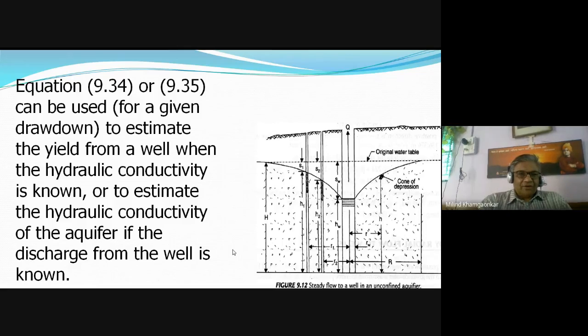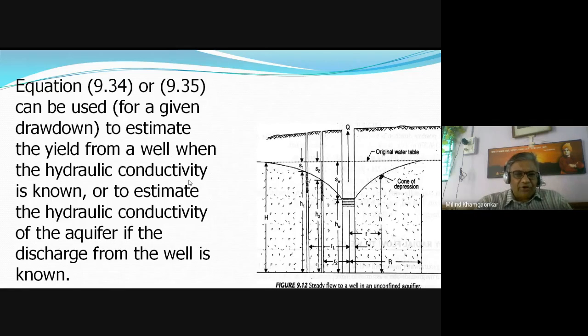So the discharge can now be written as 2πT, the coefficient of transmissivity, into the drawdown in the well, log of the radius of influence over the radius of the well. Generally, the radius of influence is taken as 3000 SW times the square root of K, where SW is in meters and K, the coefficient of permeability, is in meters per second.